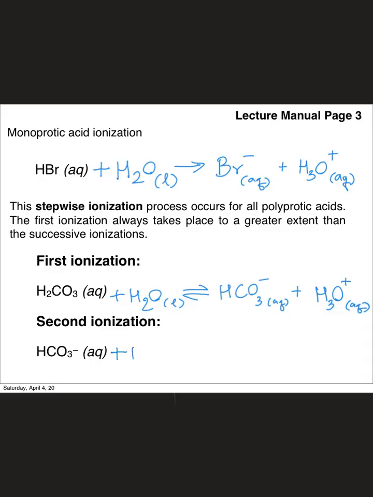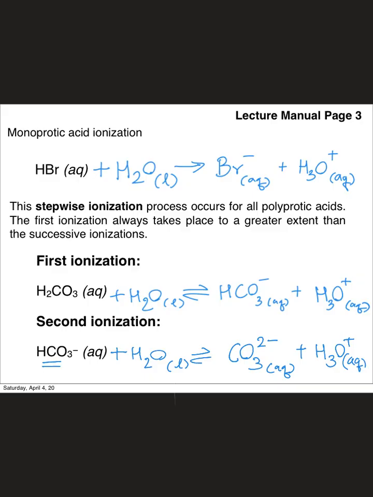So we are going to react this with water. And again, because this is going to behave as the second ionization of the acid, it's going to behave as an acid by donating a proton to water, and it's going to become a carbonate ion. And the other species is hydronium ion.